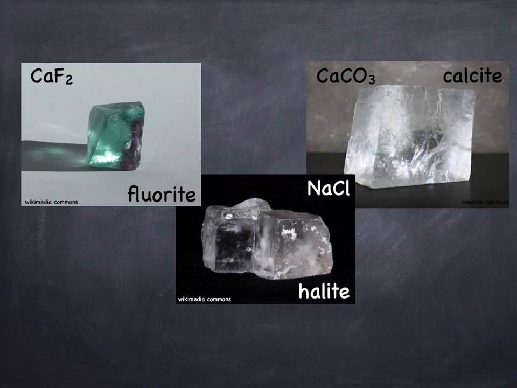Again, our sodium chloride, which typically has 90-degree angles for its fractures, is referred to as halite in the mineral form. And then calcium carbonate, again another polyatomic ion. The CO3 makes up the negative, the calcium makes up the positive, and that's referred to as calcite.